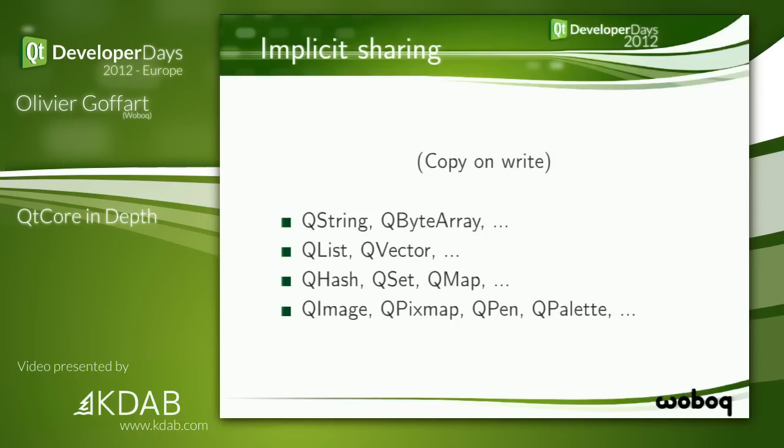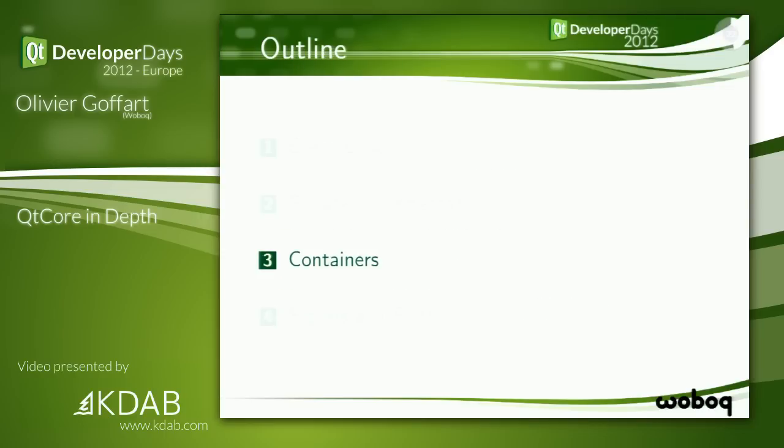When you copy, there is a reference count within the private class, and when you copy a string, you just increase the reference count, and you just detach it when you modify it. That's copy on write.